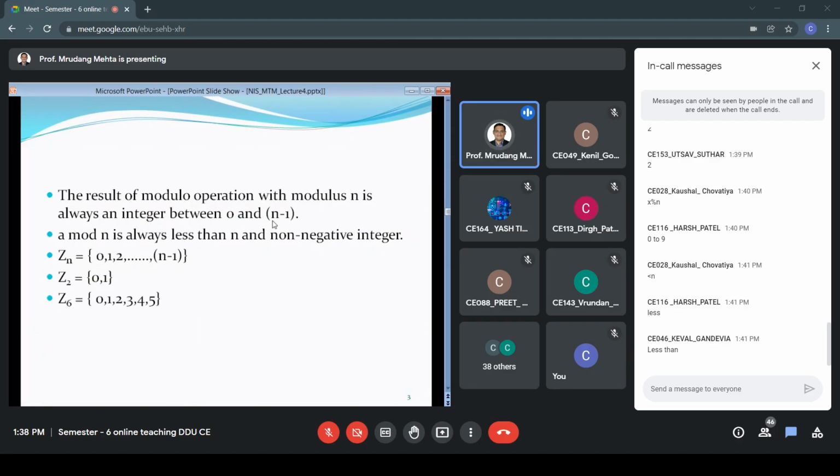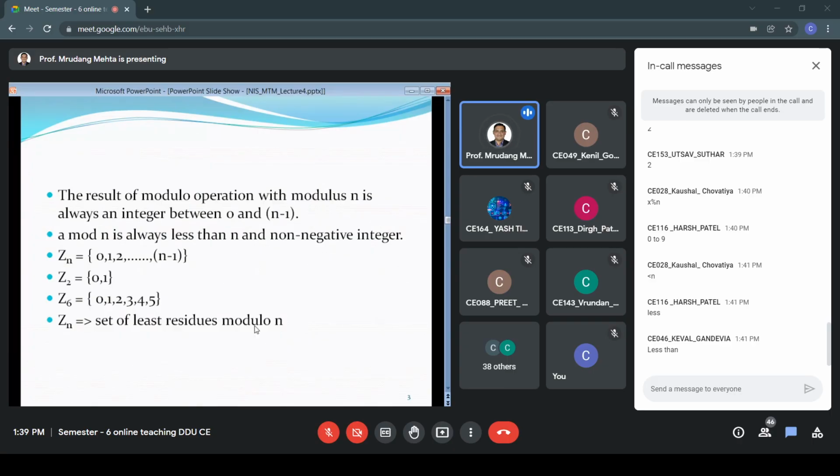Z6 is equal to 0, 1, 2, 3, 4, 5, and Zn is called the set of least residues modulo n. What is the name of this set? Zn. It is the least residues modulo n. Understood? Least residues modulo n.